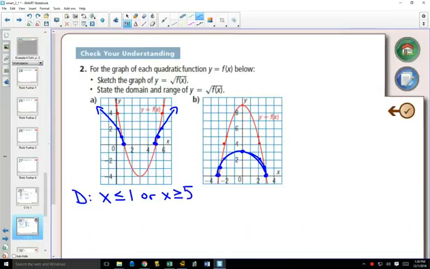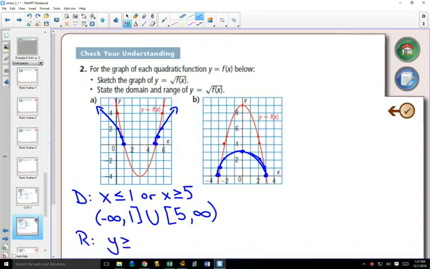In interval notation, we would start at negative infinity and go to 1 and use a square bracket to say that that value is included, then start again at 5 and go to infinity. Our range, y is bigger than or equal to 0.